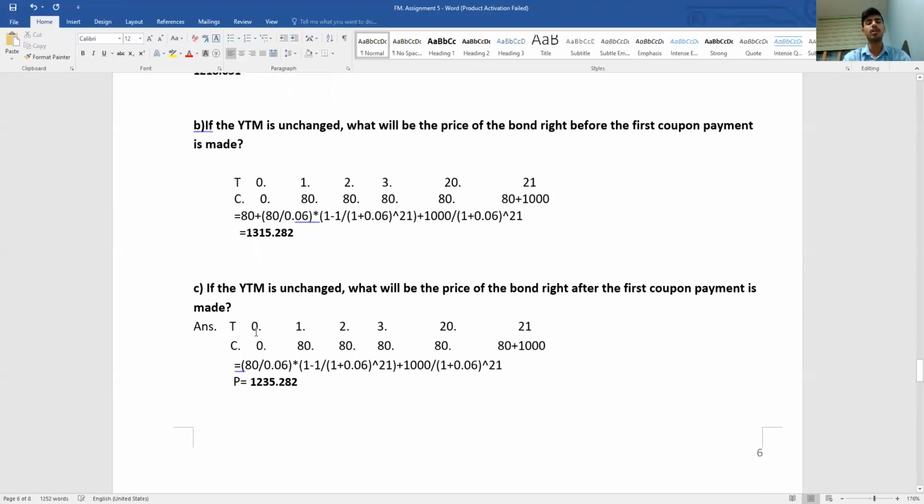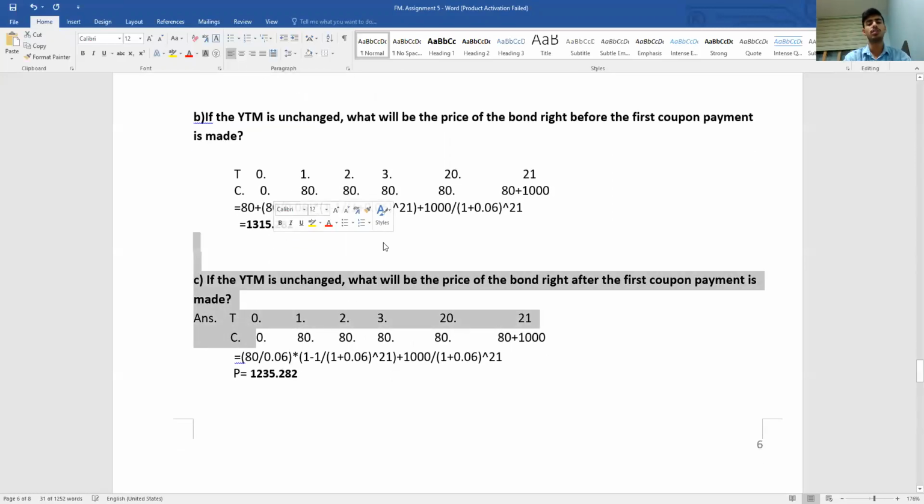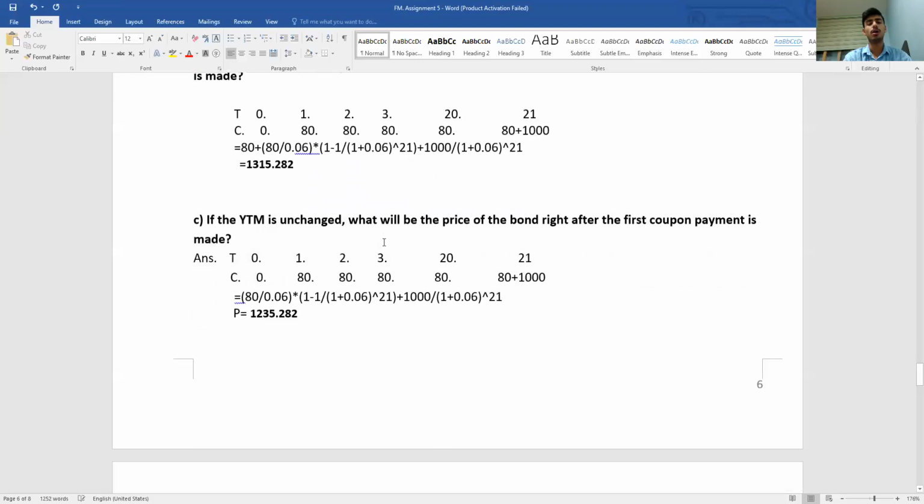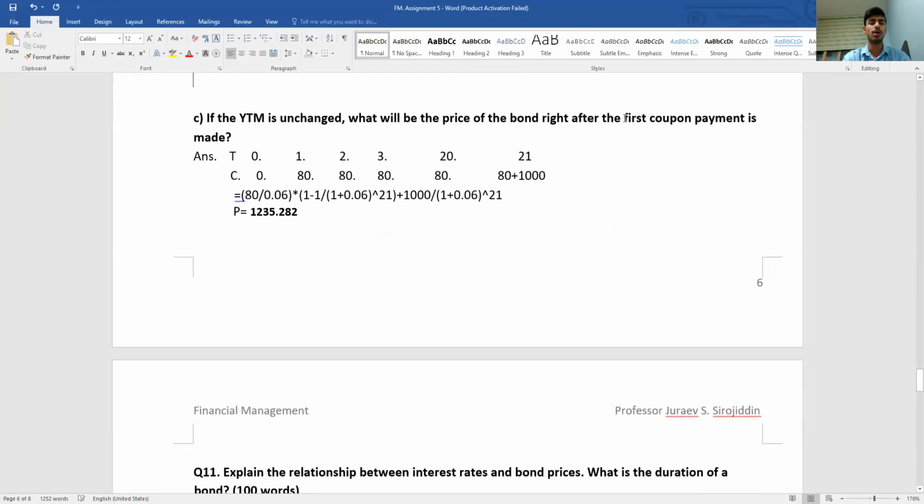The answer is 1315.28. If the yield to maturity is unchanged, what will the price of the bond be right after the first coupon payment is made? 21 years, 80 divided by 0.06 times 1 minus 1 divided by 1.06 to the power of 21, because the first coupon payment is already made.